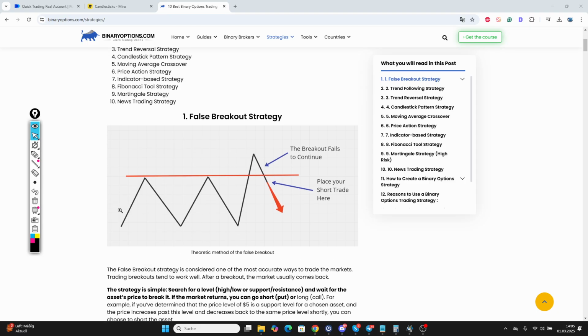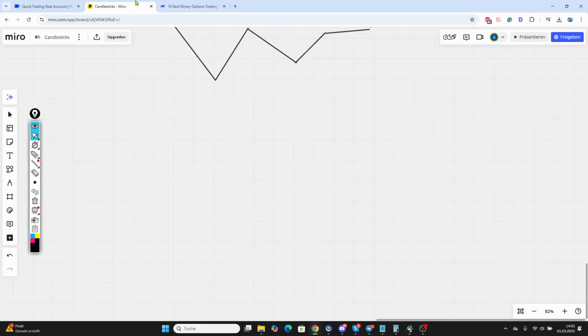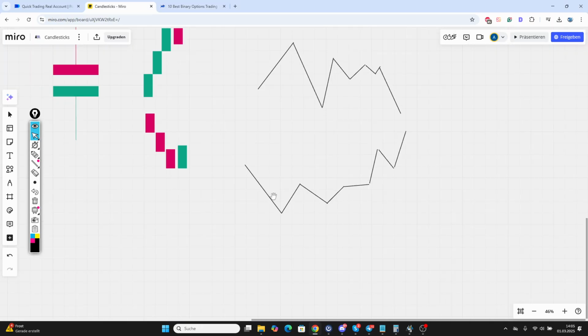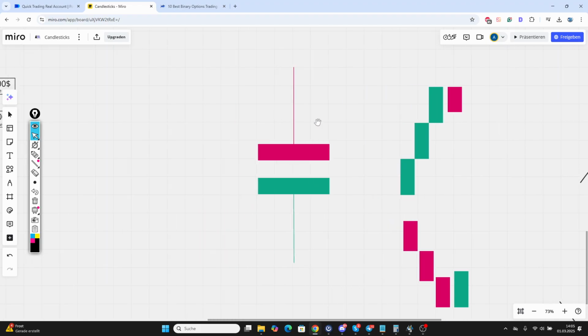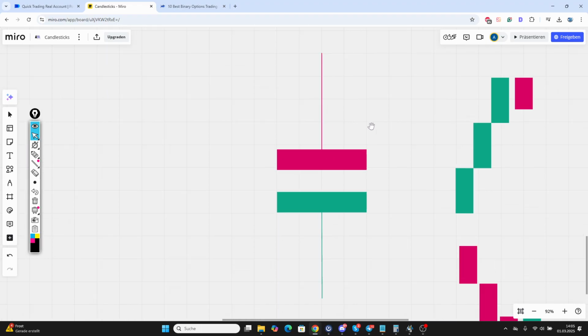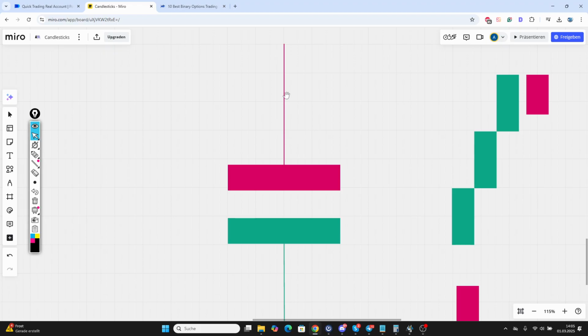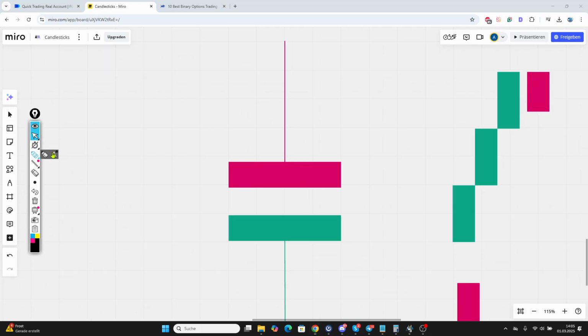Check this out. If we have a range and the market makes a false breakout above the support and resistance line, we go in and trade this one, because most of the time it makes a pullback, and we can trade this with binary options with 1 or 2 candles. Super easy to do. We need only 1 or 2 candles to make profit, and if we have a candlestick setup like this here, we go in definitely.